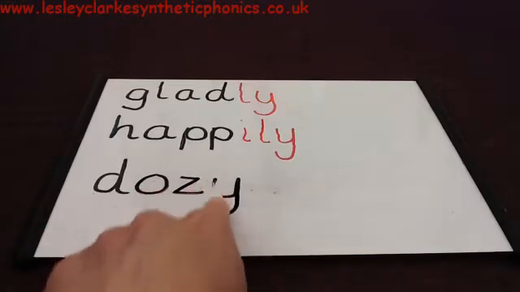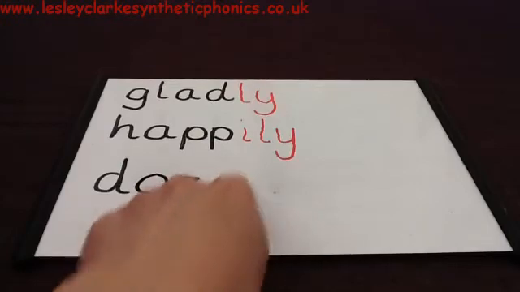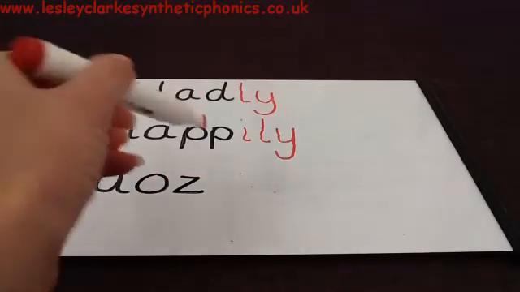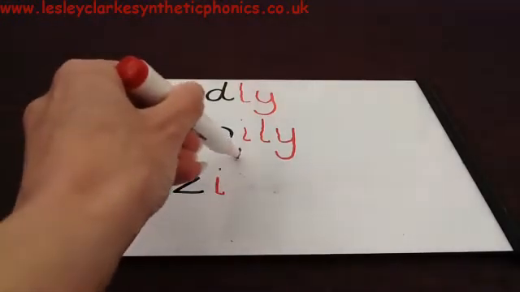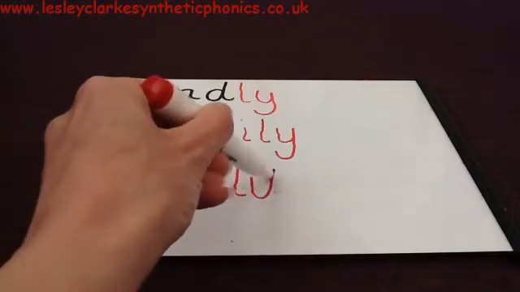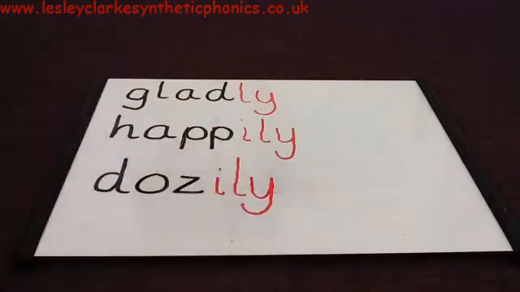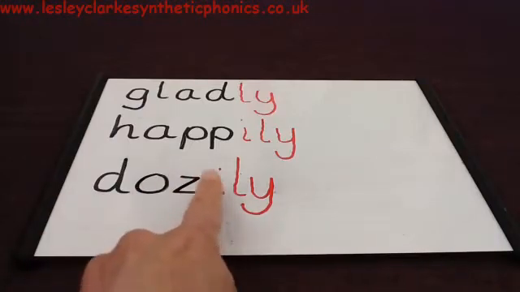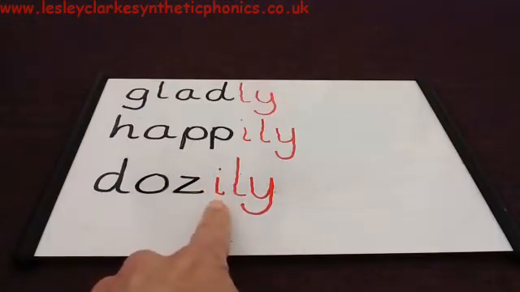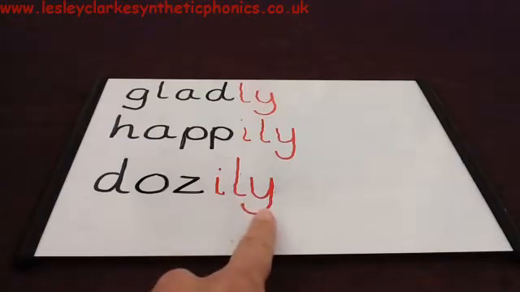Watch carefully. So the same thing has happened. We started with a Y here, I rubbed it out and I changed it to a letter I, and then I added ly.